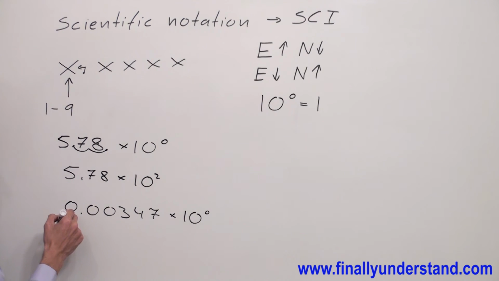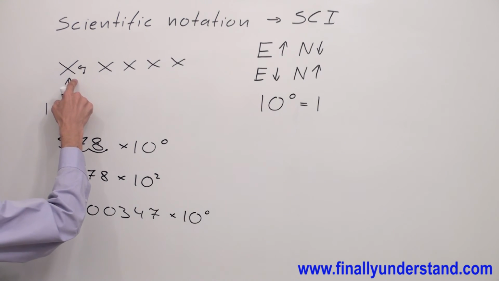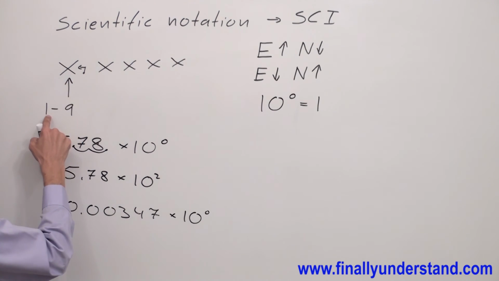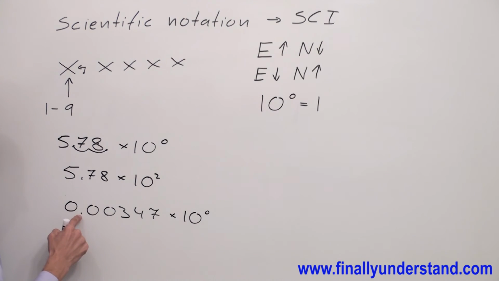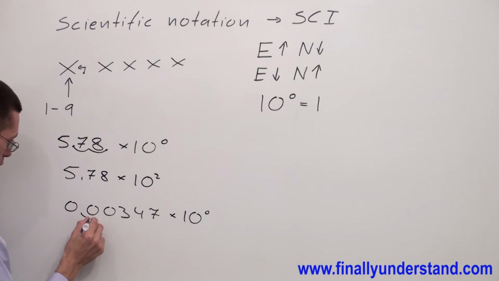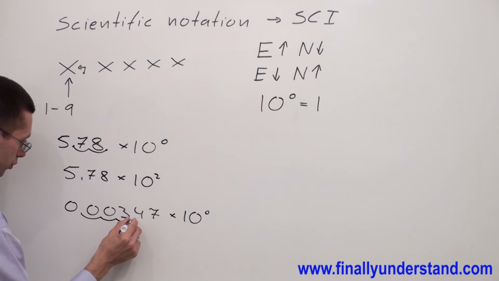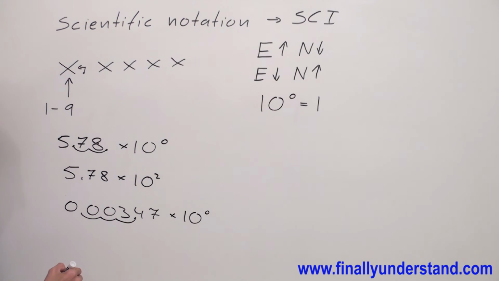Now, remember, we're supposed to have the number on the left side of the decimal point between 1 and 9. Now I have 0. I cannot have 0 on the left side of the decimal point in scientific notation. That's why I'm going to move my decimal point 1, 2, 3 times to the right.